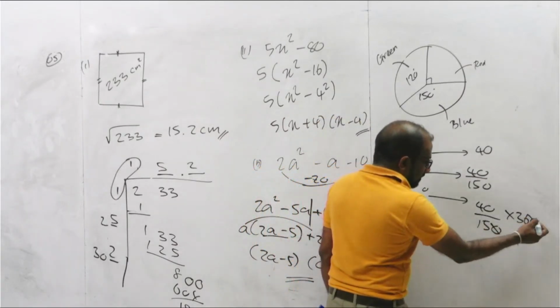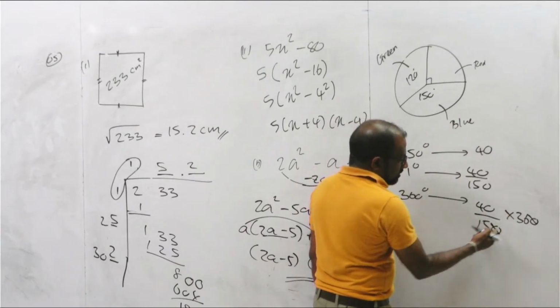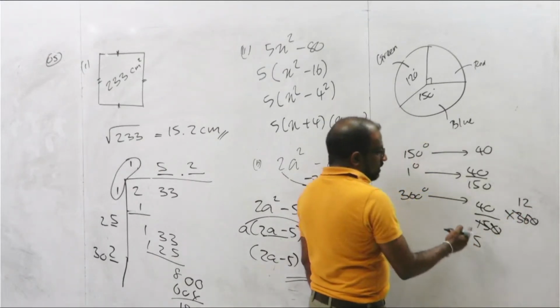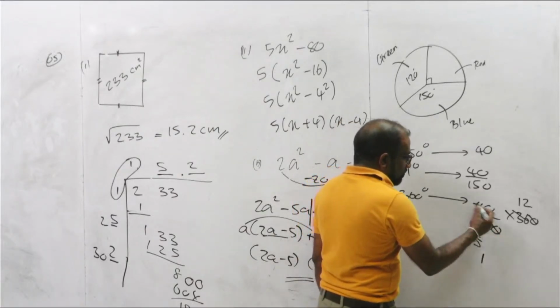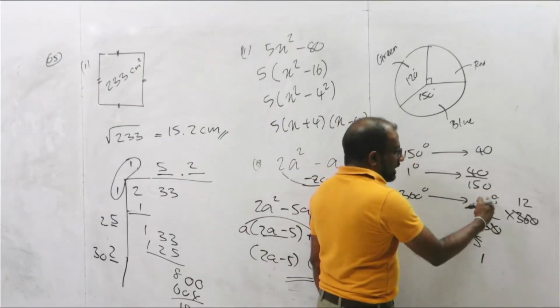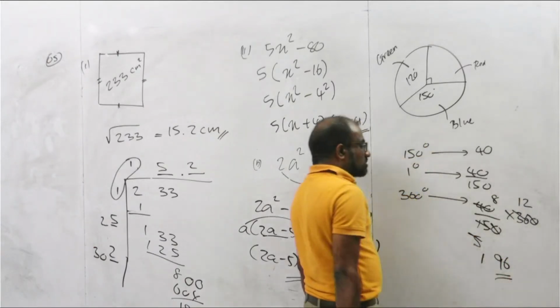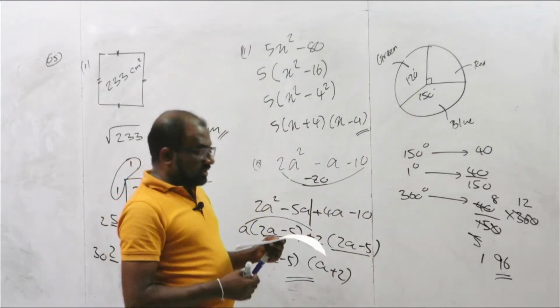Divide by 10, right. We'll divide by 3: 3 times 5, 3 times 12. 40 and 5 will divide by 5: 5 times 1, 5 times 8. 8 times 12 is 96. There are 96 students in the class.